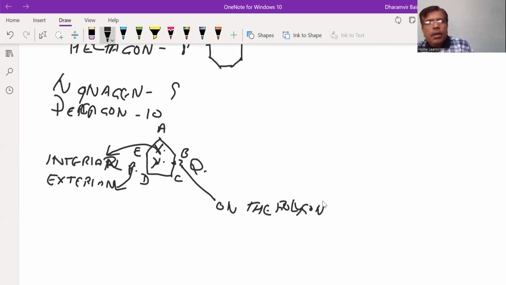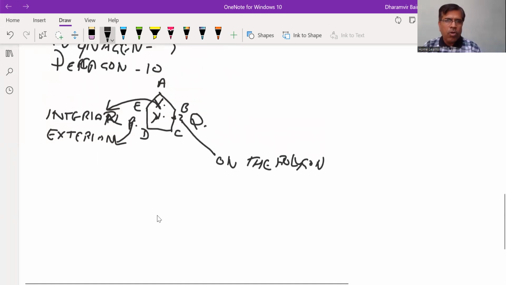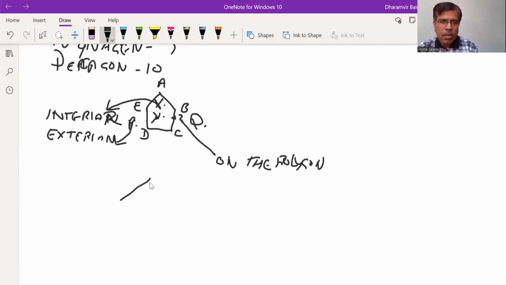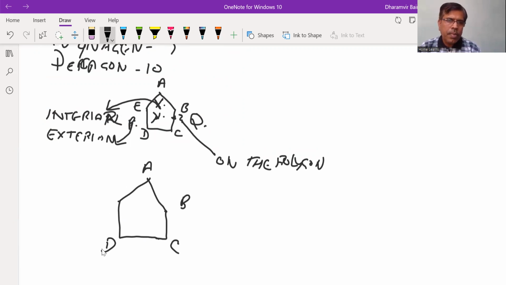Now let's discuss sides, vertices, and diagonals. Now let's think of a figure, an example of a polygon. This is a polygon ABCDE.